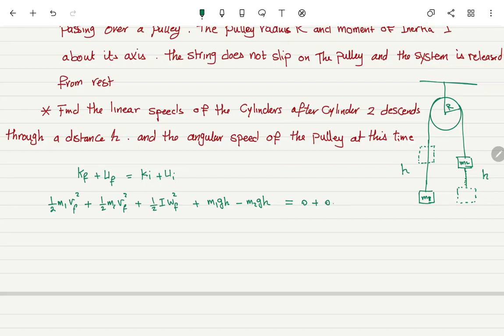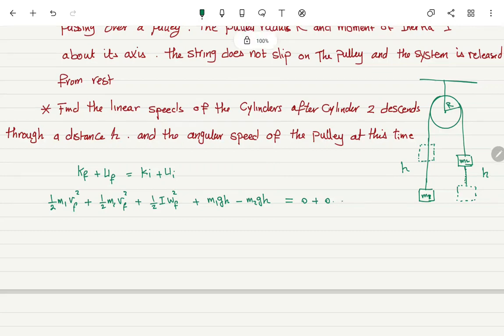No initial kinetic or initial potential energies.